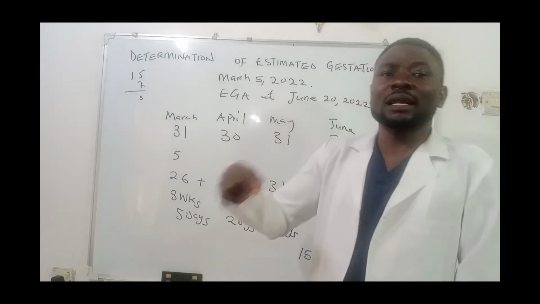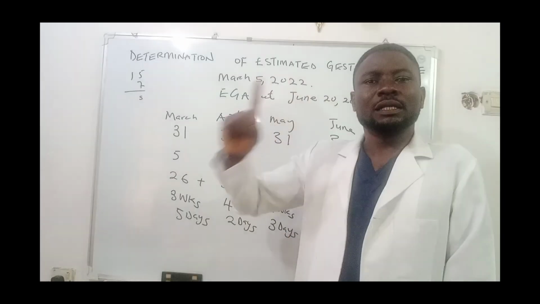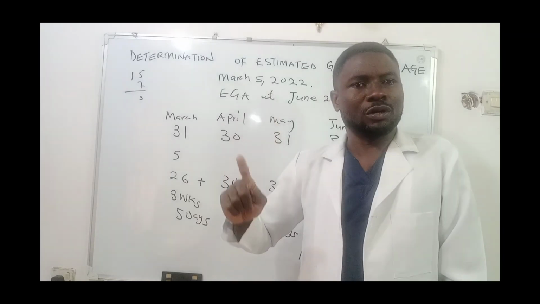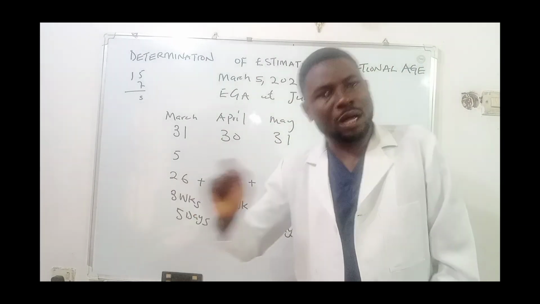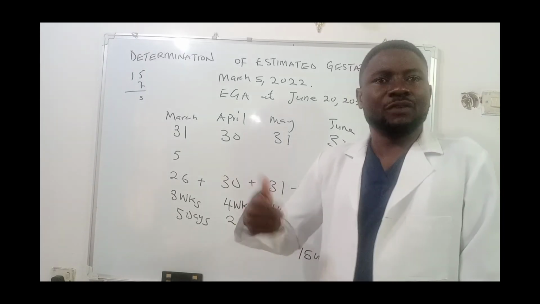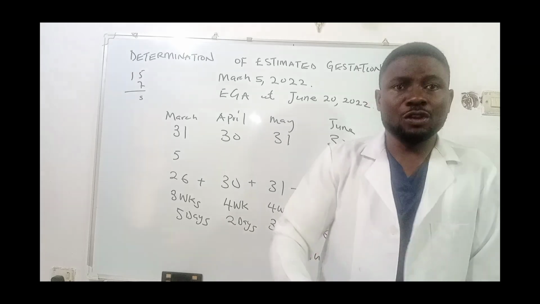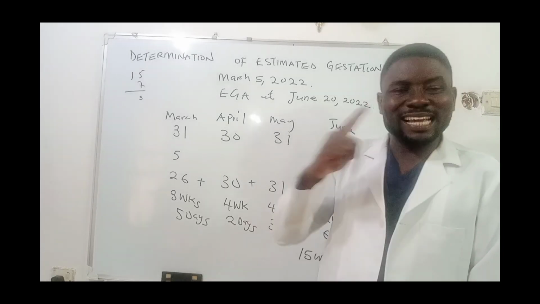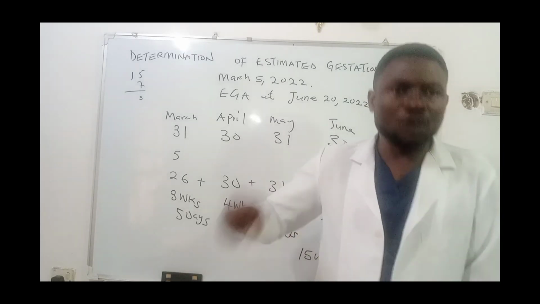The reason is that gestational age is calculated from the first day of your last menstrual period. Why the fetal age, which is the age of the growing fetus, the baby in your womb, is taken from the day of conception, and the day of conception is about the ovulation period.